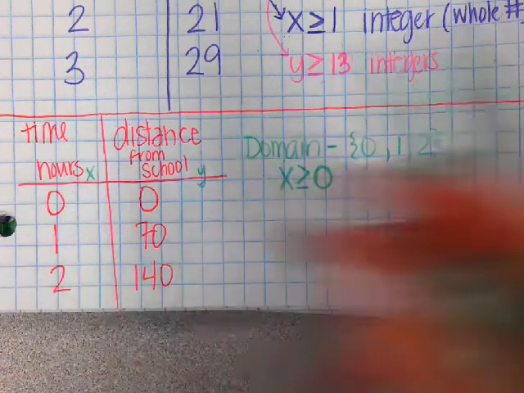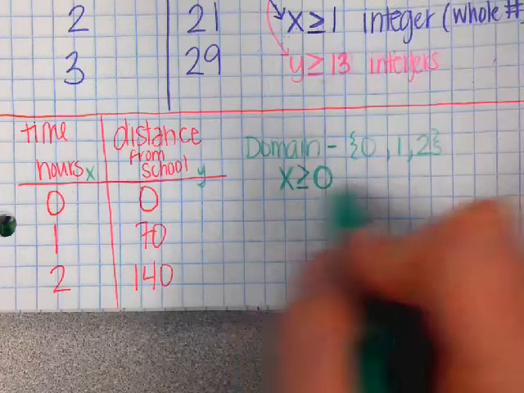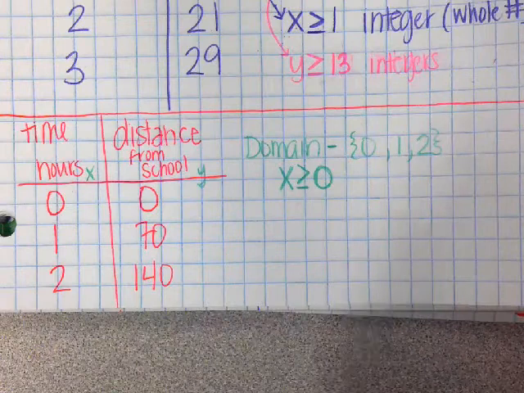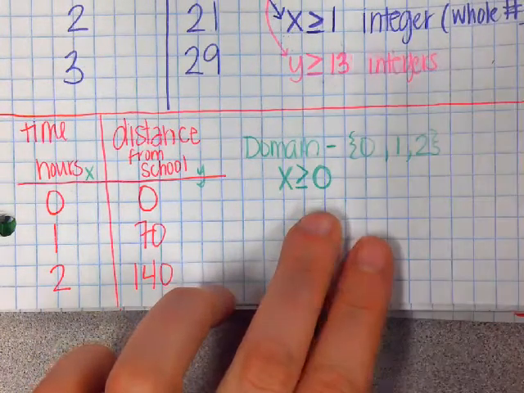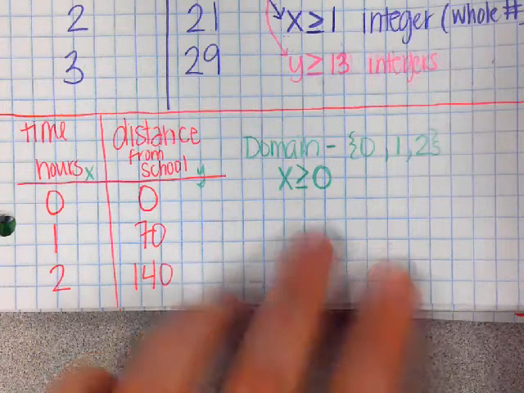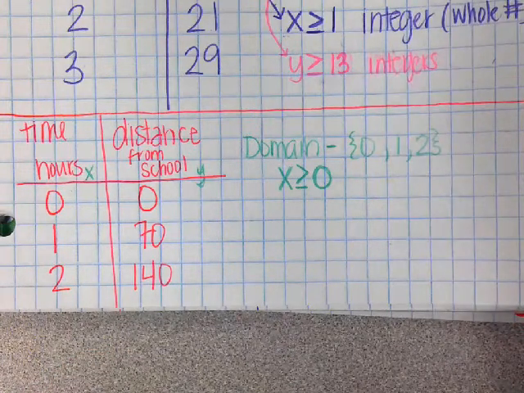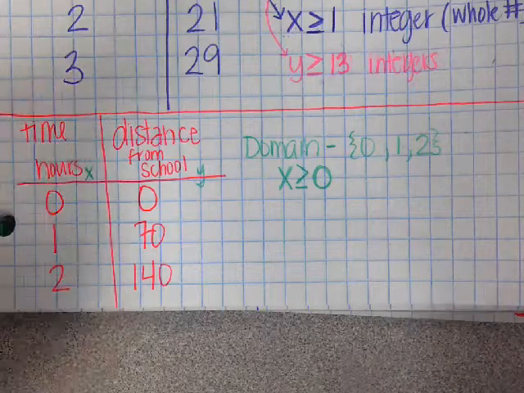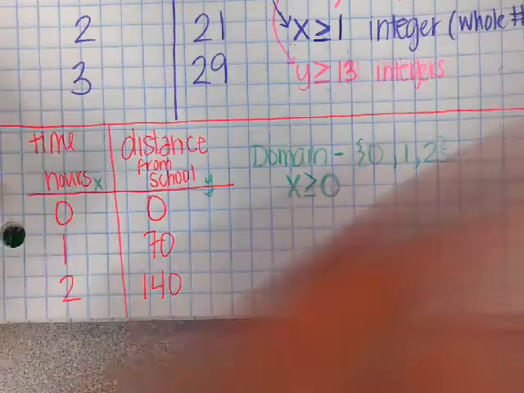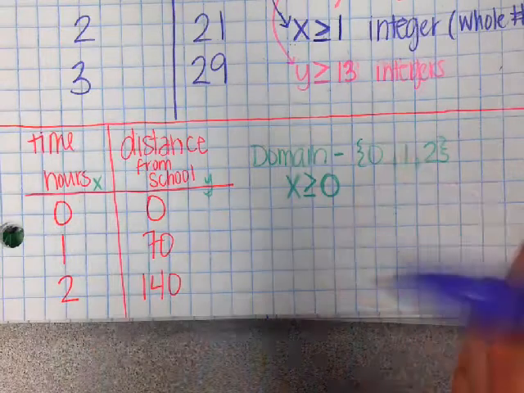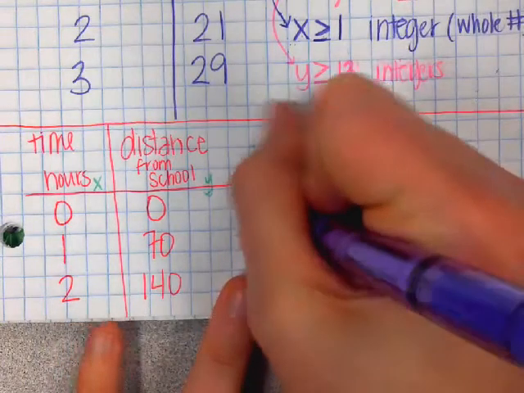Is there a distance when I am 0.5 hours in? Yes. So we're not going to say the thing about integers or whole numbers. It would just be any number greater than or equal to 0. It could be 2. It could be 2.2. It could be 2 hours and 1 second. It doesn't matter because it's time. You can't have half of a pizza, but you can have half of an hour.